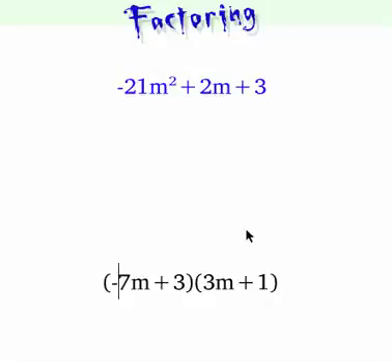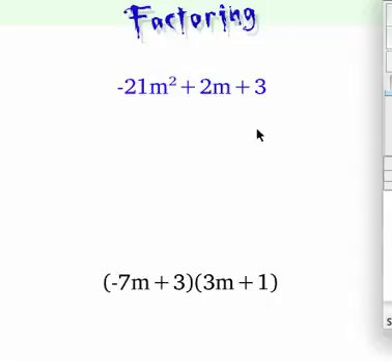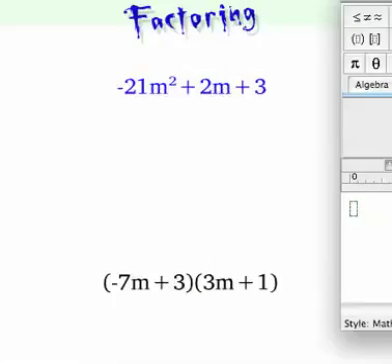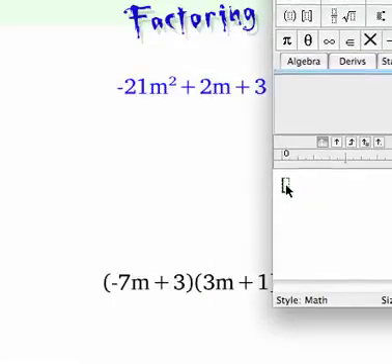If we were doing PSF, we would look for the product. Let me write this down here. So if we were doing PSF, we would write the product. The P is going to be -21 times 3, which is -63. So we're looking for two numbers that multiply to give -63m squared, and the S is always the middle term, whose sum is 2.